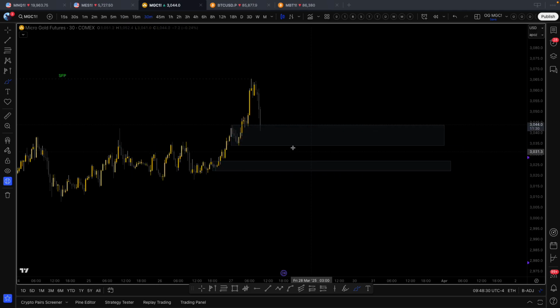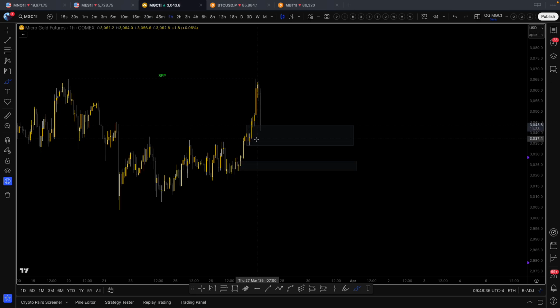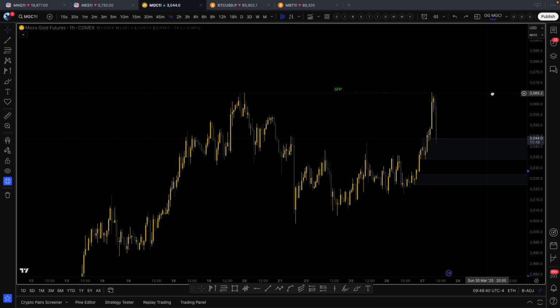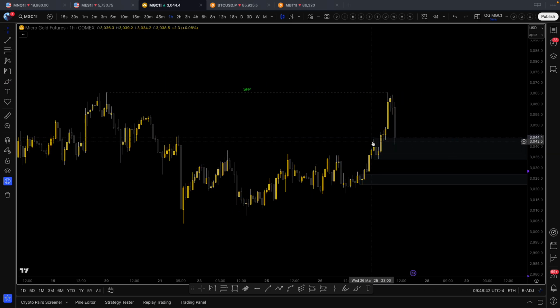Now, with that said, if we break this low, you're going to be breaking 30-minute structure. For me, personally, the way I map out structure, this is not a 1 hour structure high and low because we only have one bearish candle down.